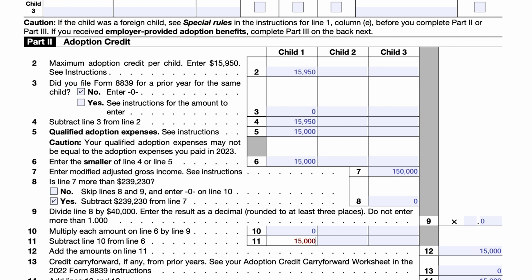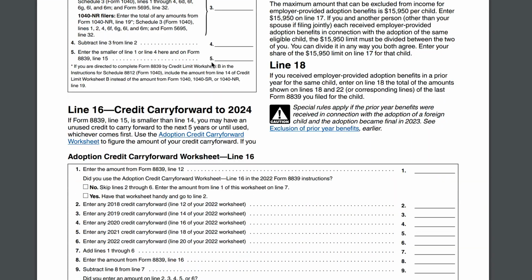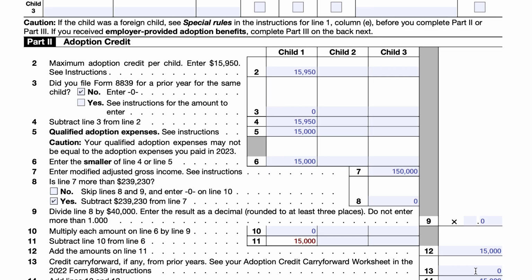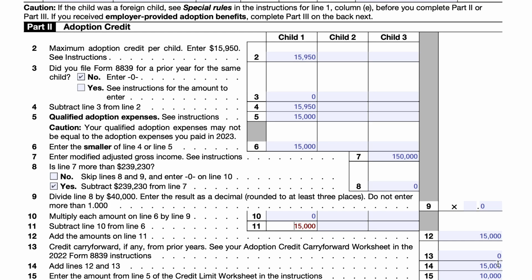So if you did this calculation in prior tax years, then you would go back to the carry forward worksheet that looks like this for your prior year tax return. For most people, that would be the 2022. You would apply any amounts for this in here. So there is no credit carry forward. John was able to do all this in 1 year. So we add those lines together, 15,000 plus 0.